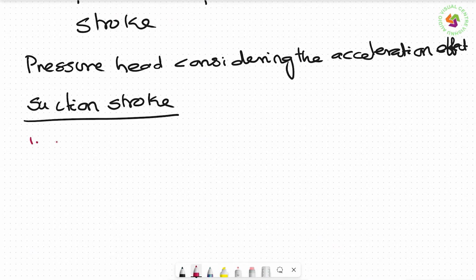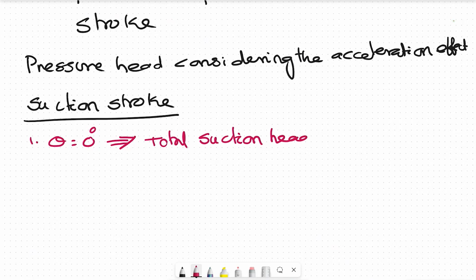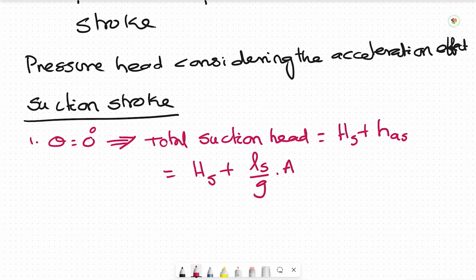Theta is equal to 0. What is the meaning of it? Beginning of suction stroke, then the total suction head is equal to Hs plus HAS. That means Hs plus Ls by g into A by As into omega square R.